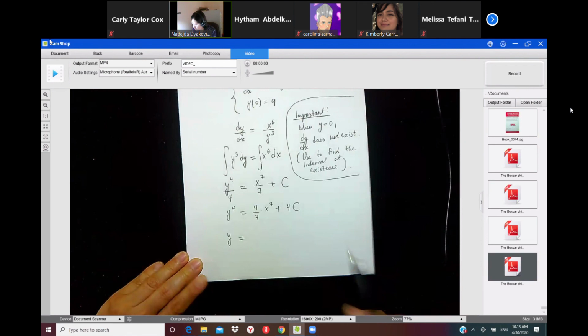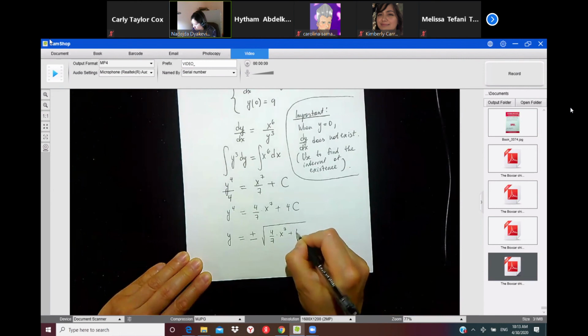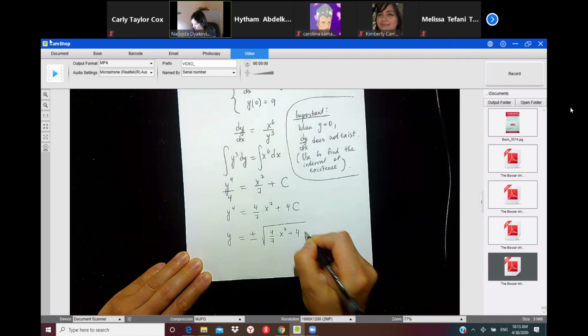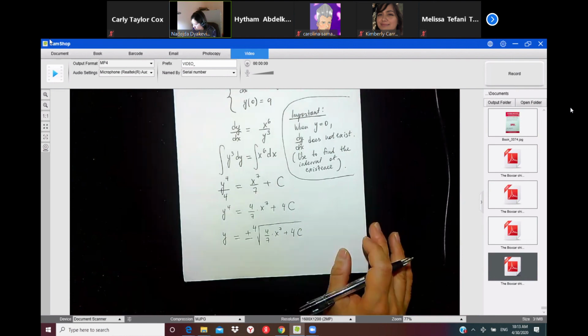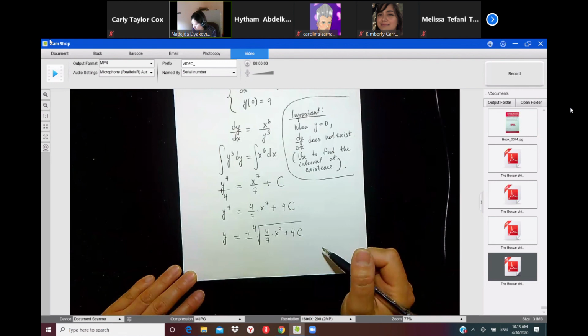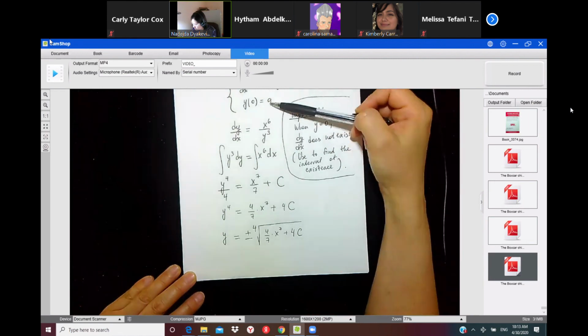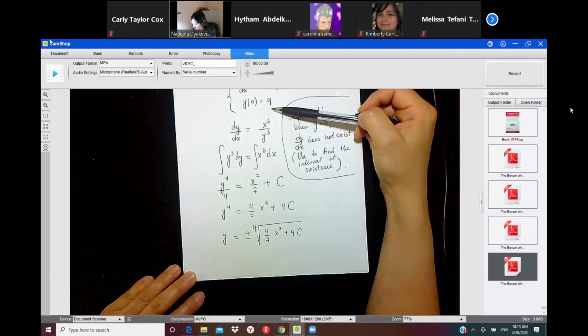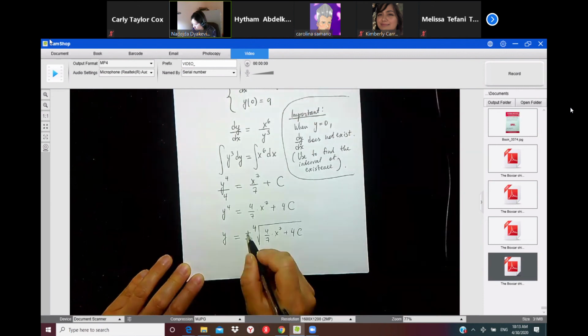Are there any questions so far? Let us now find C for this problem. It says here that y of 0 equals positive 9. Since it's positive 9, which one to choose, plus or minus? Positive. Well, let's see.